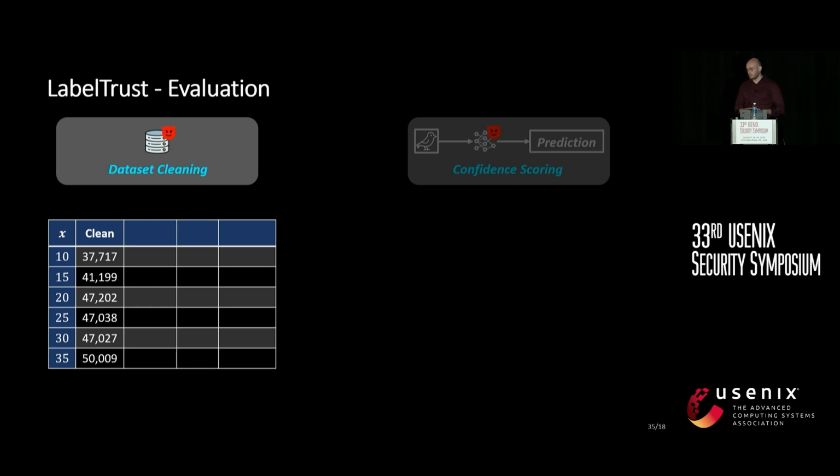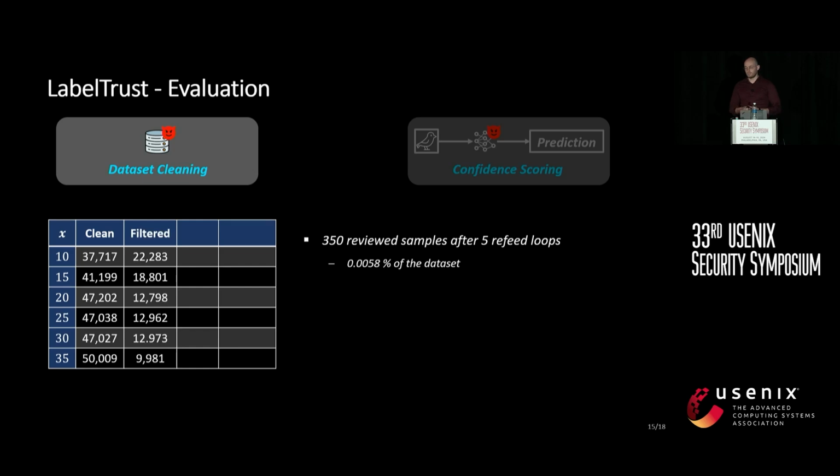As you can see, the samples that were identified as clean increase over time, which is in line with our intuition. And as the domain expert only checked 350 samples here, we can say for checking these 50,000 samples, he only needed to check 0.0058% of the dataset, which is, of course, very good.